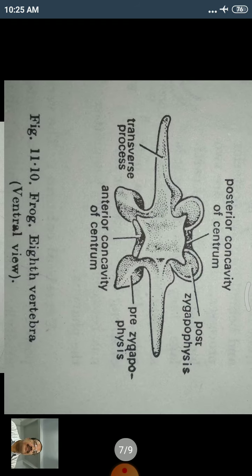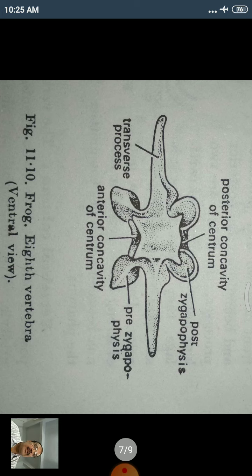I will take the eighth vertebra of frog. It consists of anterior concavity of centrum, posterior concavity of centrum, postzygapophysis, prezygapophysis, and transverse process.